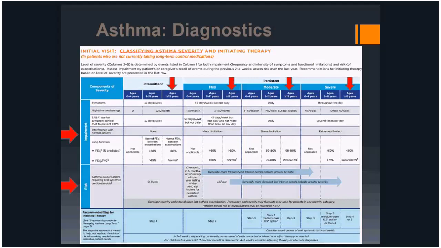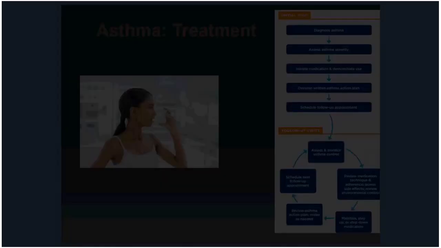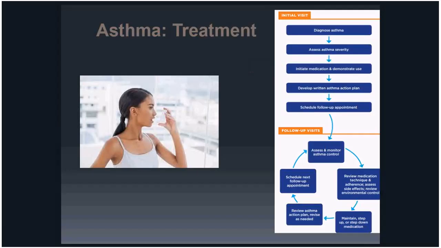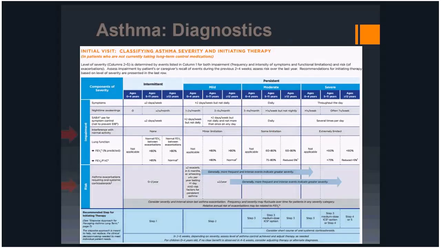Once you determine asthma severity, you see at the bottom, where, I'm going to go back for a minute. Let's say, for instance, we determine this patient comes in and that they have mild persistent asthma.